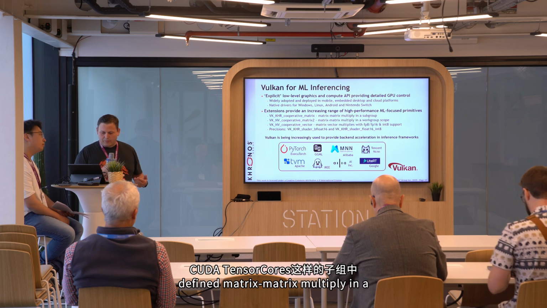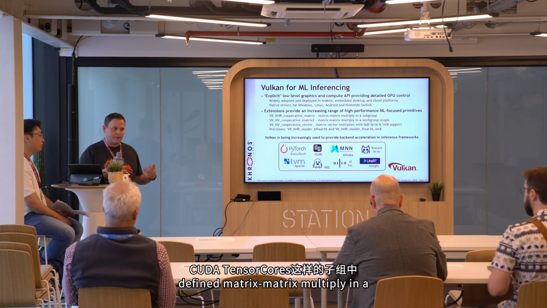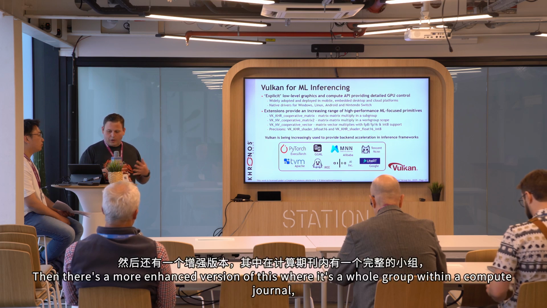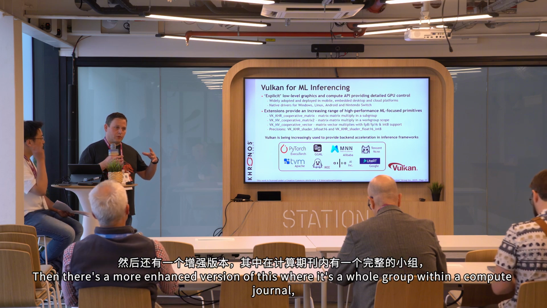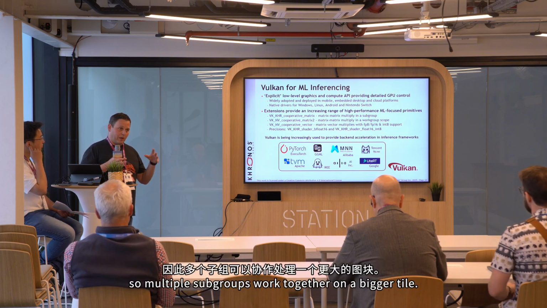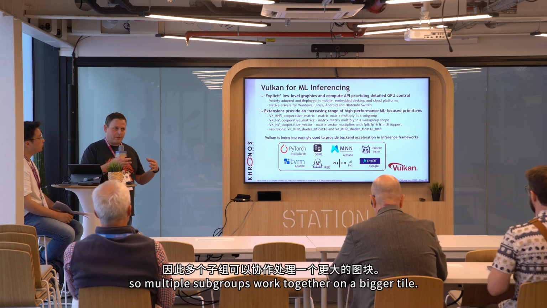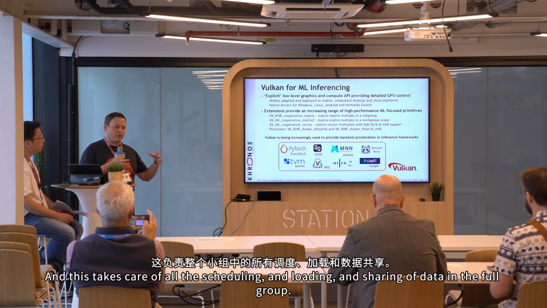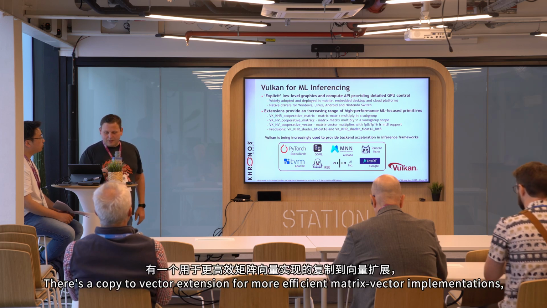So we have now defined matrix multiply in a subgroup, like CUDA tensor cores. Then there's a more enhanced version of this where the whole group within a compute kernel, so multiple subgroups, work together on a bigger tile. And this takes care of all the scheduling and loading and sharing of data in the full group.